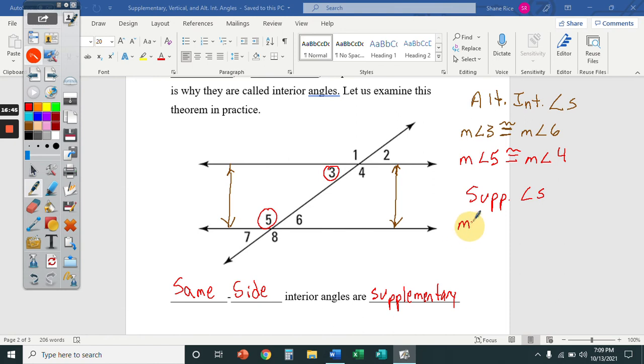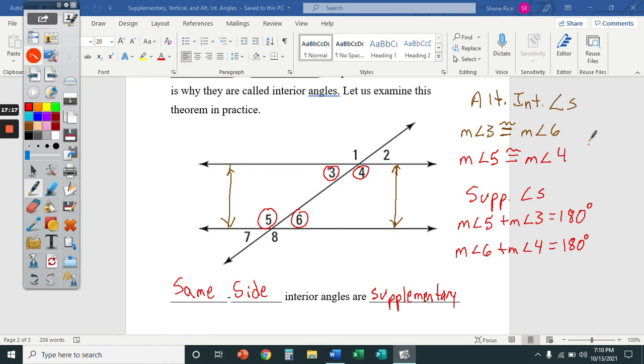So that means the measure of angle 5 plus the measure of angle 3 is equal to 180 degrees. And the same thing with 6 and 4. They are on the same side of the transversal on the inside of the parallel lines. So the measure of angle 6 plus the measure of angle 4 equals 180 degrees.